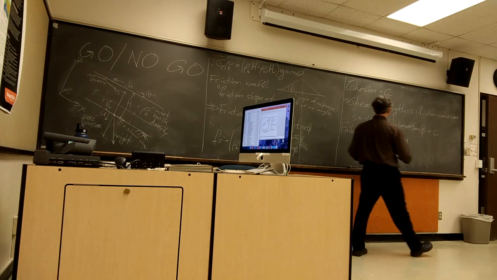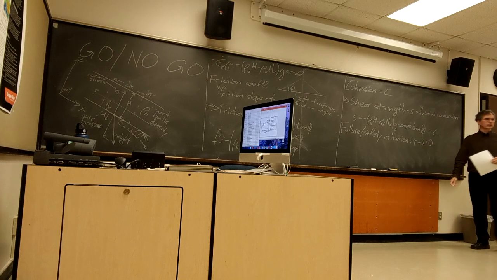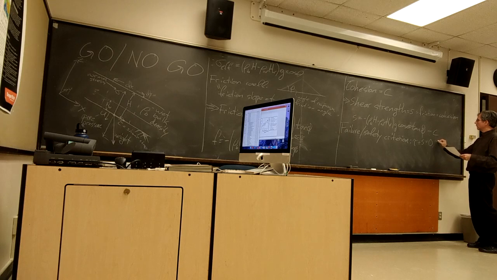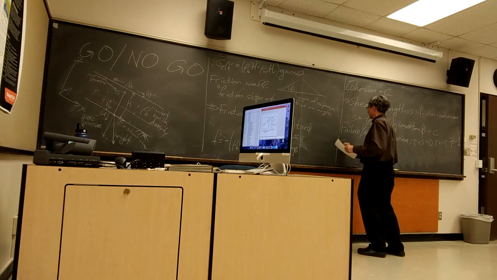So, the tipping point is when the sum of the shear stress and the shear strength is 0. Right? Or tau equals minus S, or the ratio of minus S to tau equals 1. And this is what we're going to call our factor of safety.